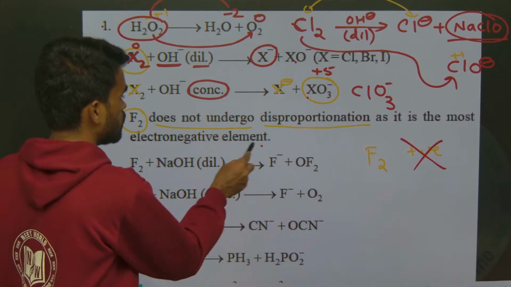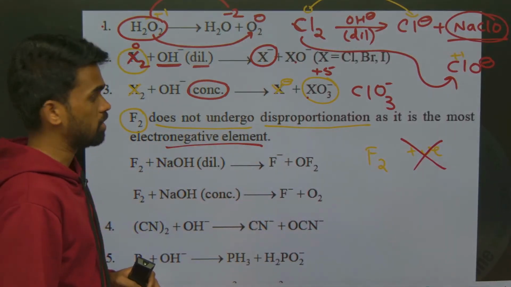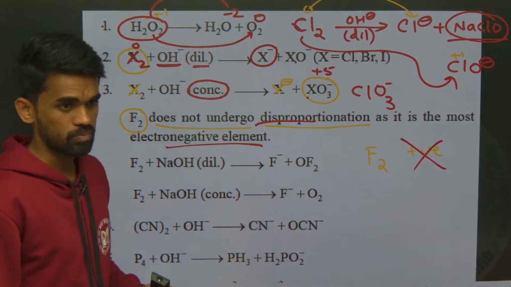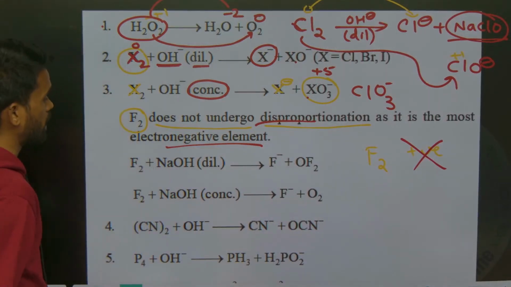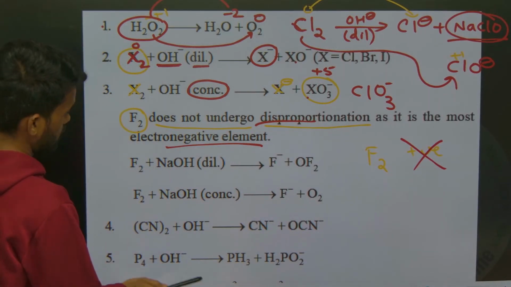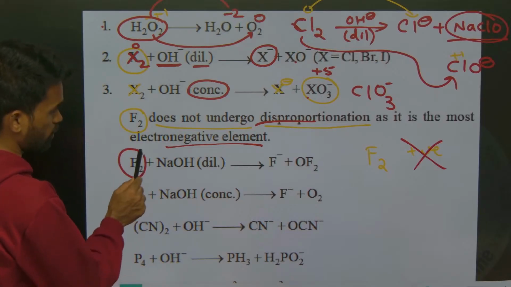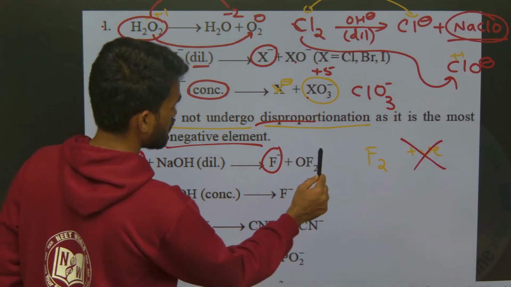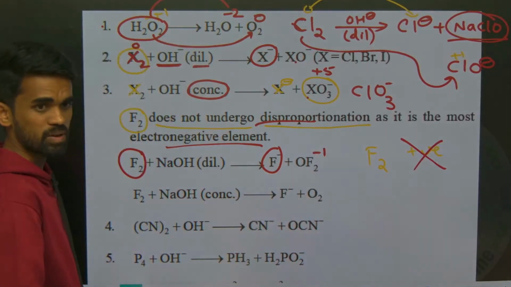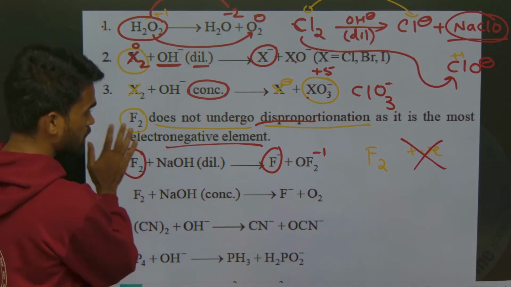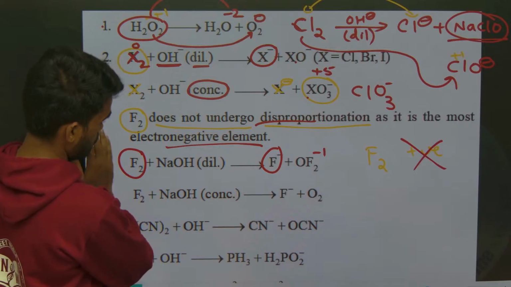Therefore, F2 won't undergo disproportionation reaction. If you take F2, it gives F minus, here also it is F minus 1 only. So fluorine won't go for it.